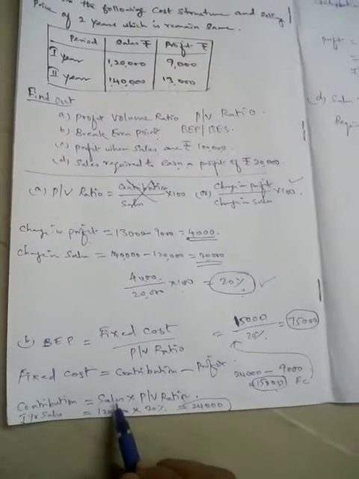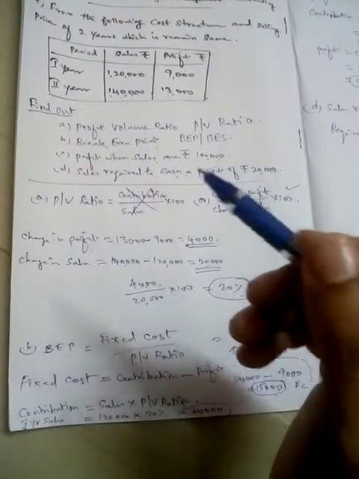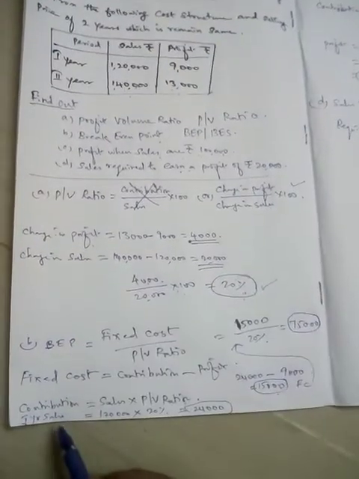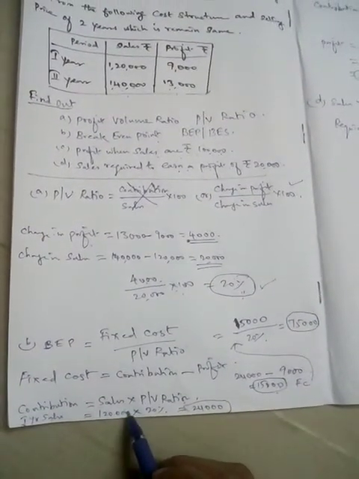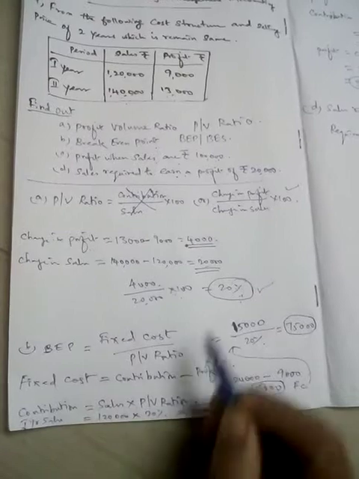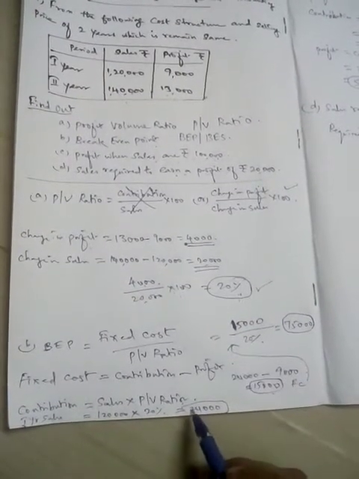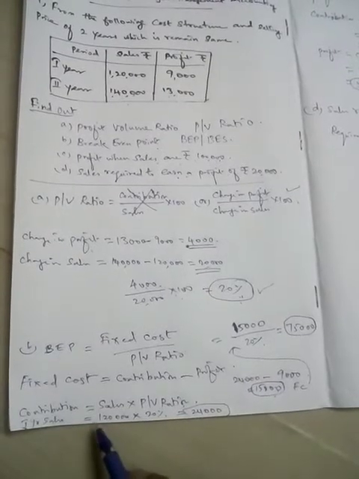Here we have two sales. Which sales should we take? We can take any sales, and you may get the same result. I have taken the first sales, 1,20,000 into the PV ratio we already calculated, 20%. If you simplify, you may get 24,000 as the contribution.